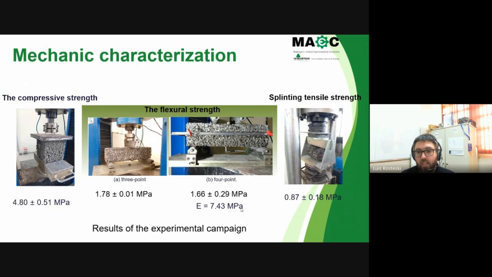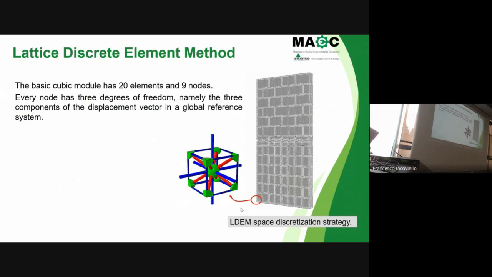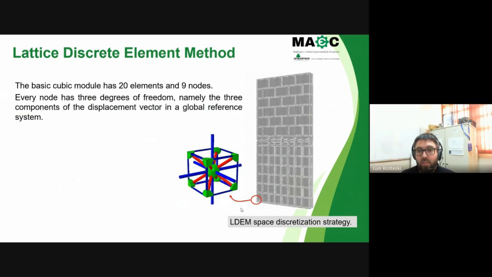For the simulations, we utilize the lattice discrete element method. This method is based on representing a solid by a 3D lattice. The lattice is formed by a repetition of a basic cubic module like this that is repeated in the three directions. This basic module has 20 elements and 9 nodes.